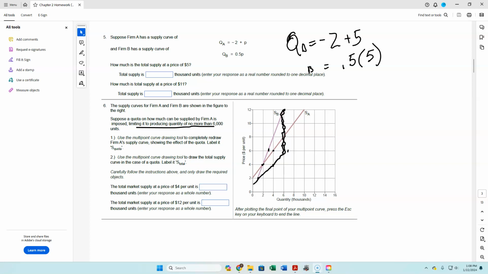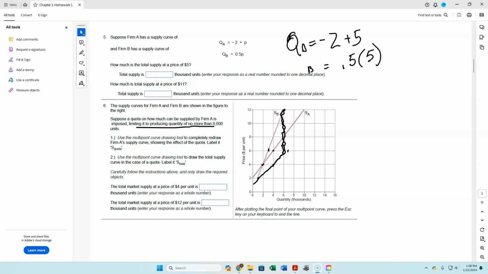Whereas here for the total price of 4, we're going to be at 4,000 units. At 12, we're going to be limited to 6,000 units for A. So in essence, for firm A, having to do 6.